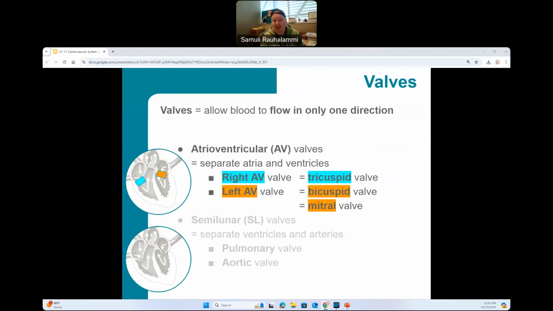Sometimes this is referred to as a mitral valve. Mitral valve refers to the mitrum, the headgear that religious people, priests wear, and the shape of that headwear is very similar to the shape of the mitral valve.